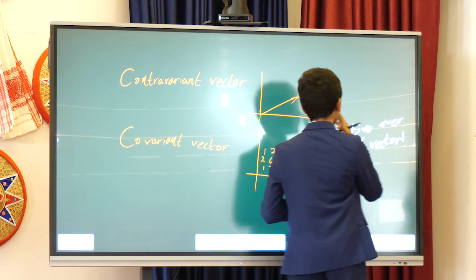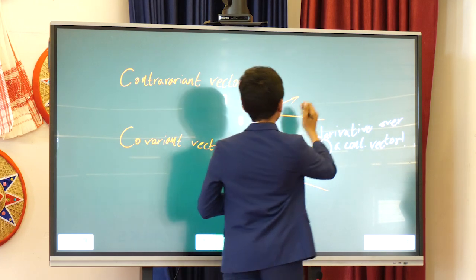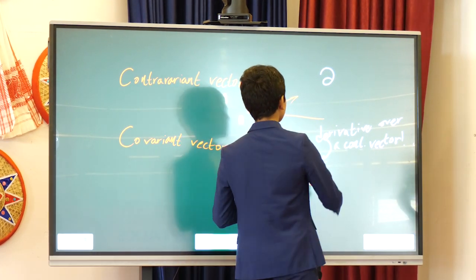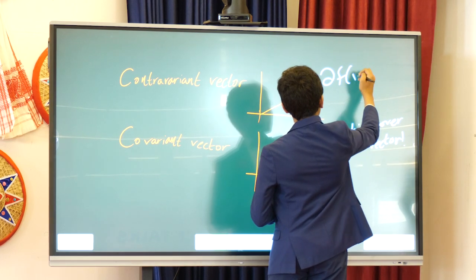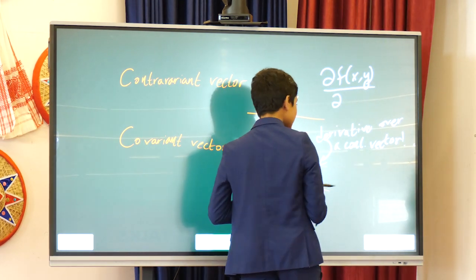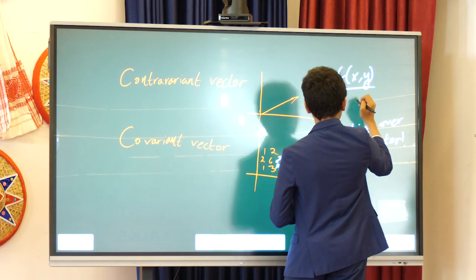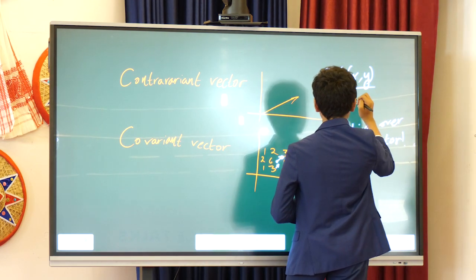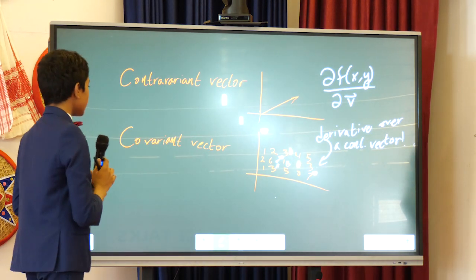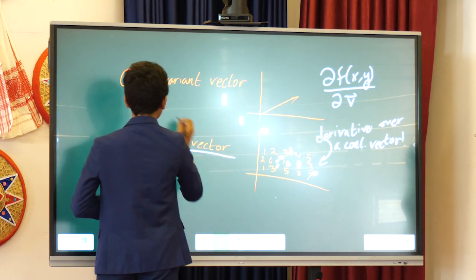If you've ever taken calculus 3 or multivariable calculus, you'll find that it looks like the partial of this function in some random direction, ds. So we're going to call that some vector v. And that is what we call a directional derivative, also known as a covariant vector.